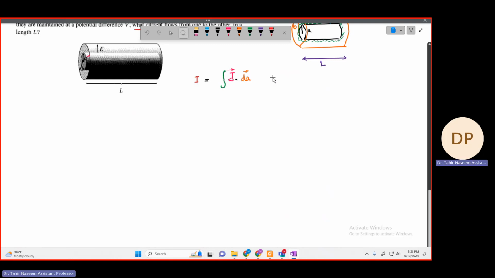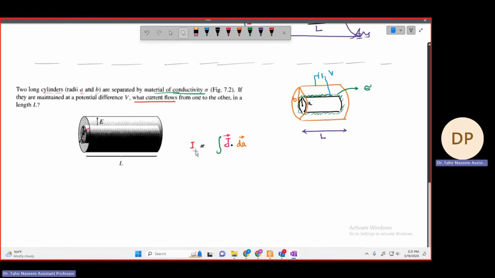So this is the current flowing between these two conductors, and we need to find it. But we don't know J, right? J is not known. If J is known, then we can integrate and get our answer. But the problem is we don't know J.